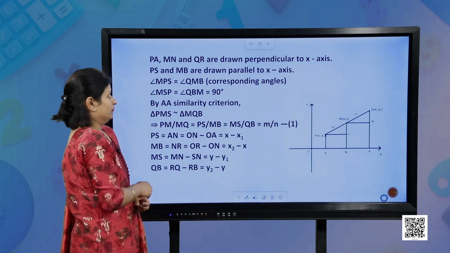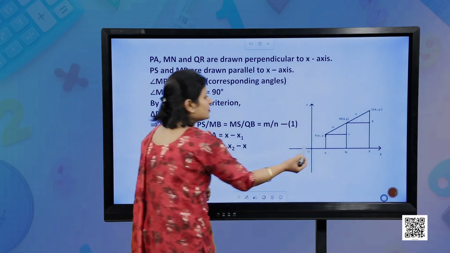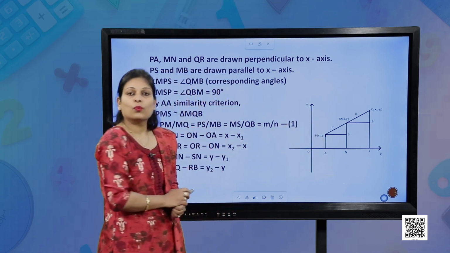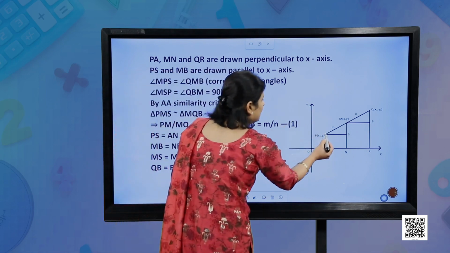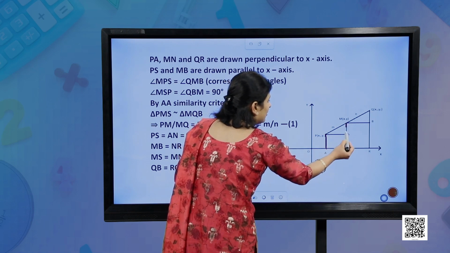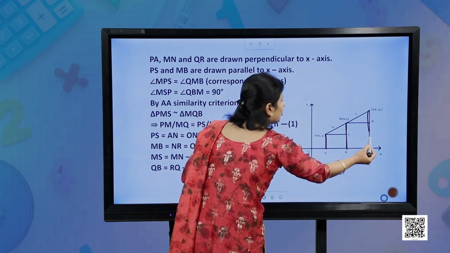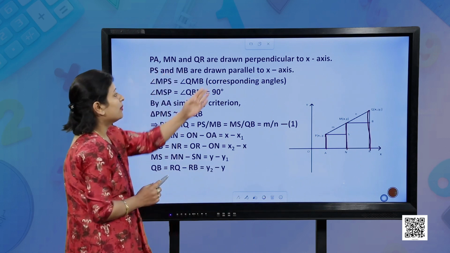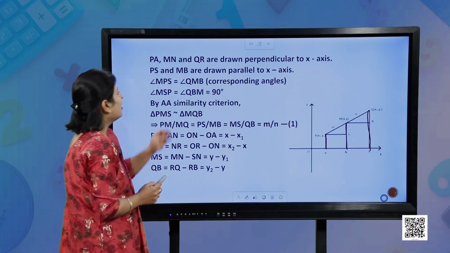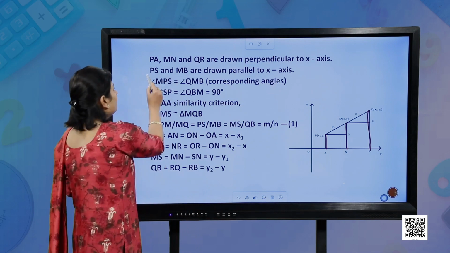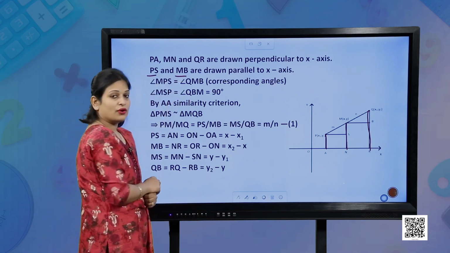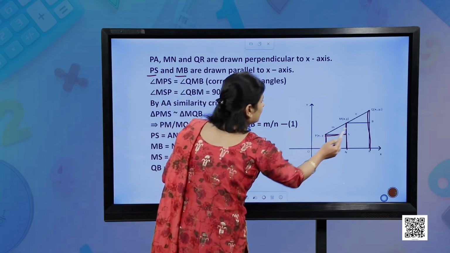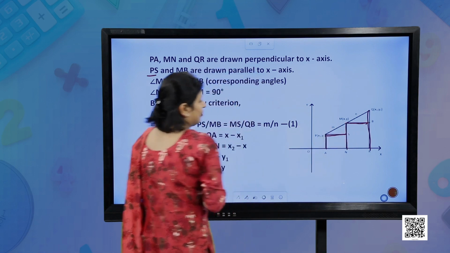Now, we will draw three lines parallel to the y axis, which are PA, MN and QR. PA, MN and QR are drawn perpendicular to the x axis, and PS and MB are drawn parallel to the x axis. This is PS, this is MB.